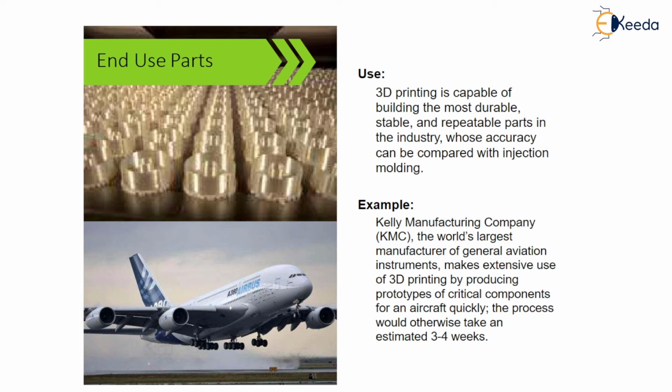So remember, time is very important in the manufacturing sector. What they actually did was replace those parts with 3D printing instead of injection molding, and the same or more components we can build for aircraft parts also. So that is the end use of parts.